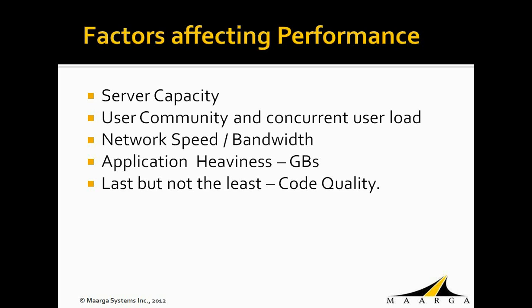So in the next subsequent slides, we'll be discussing what needs to be done at different levels so that we can achieve the best performance. We'll be mainly concentrating on the server level settings and also the application level. Network related things may not be part of our scope, because if the network cannot give you good speed, it is the network administrator who will take care of the request.